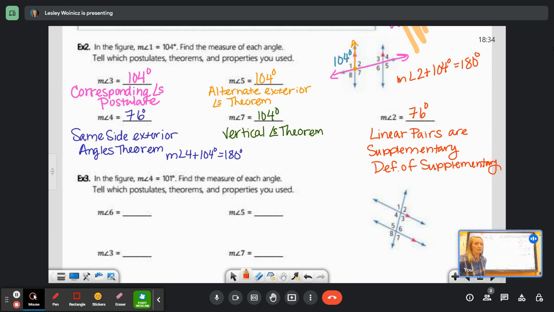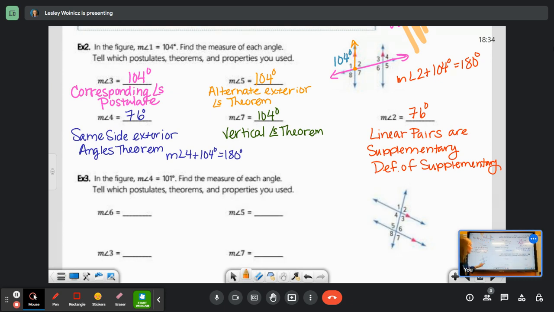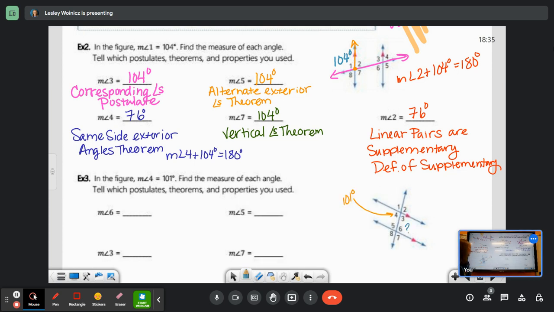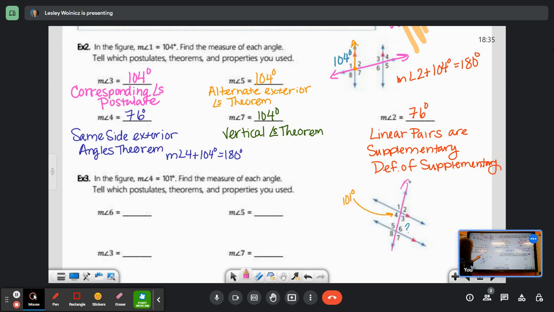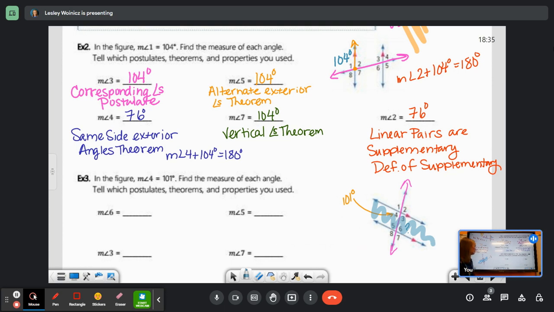We're only going to do one on example 3 because some of them are a little redundant. All right, so we're going to find the measure of, okay, we have a new picture. It says the measure of angle 4 is 101 degrees. So if we're trying to find the measure of angle 6, well, I see that they are on alternate sides of the transversal, and they are in the interior of my parallel lines, so they are alternate interiors.